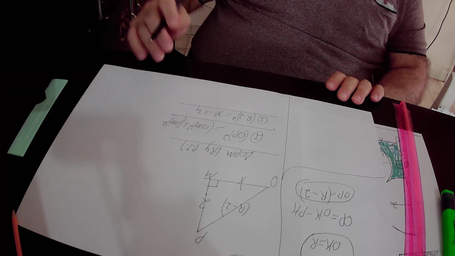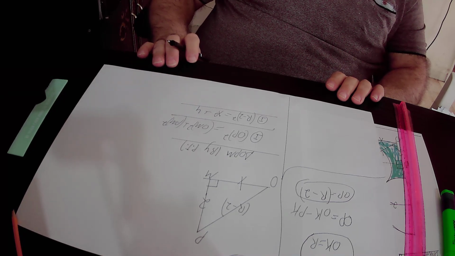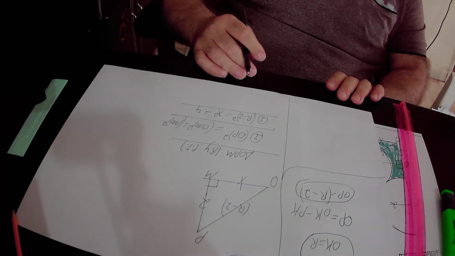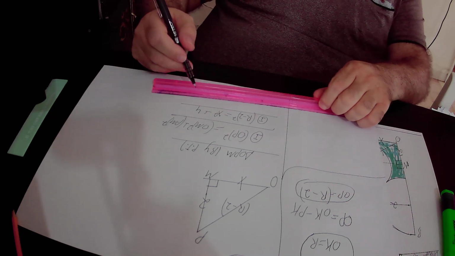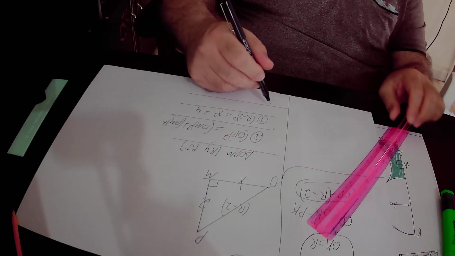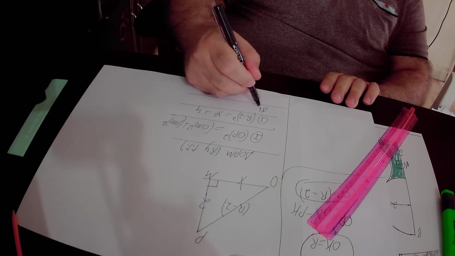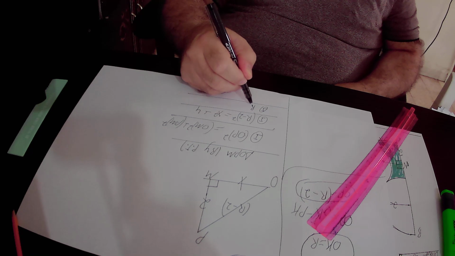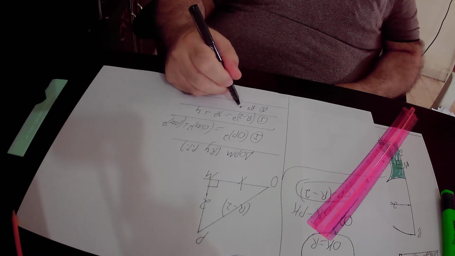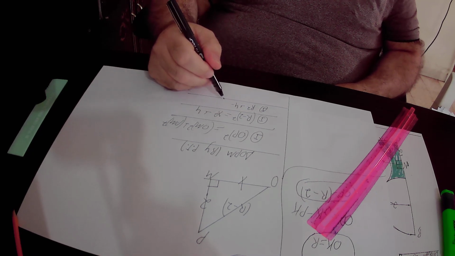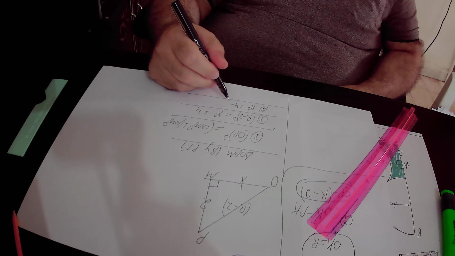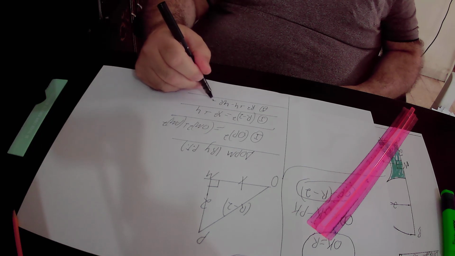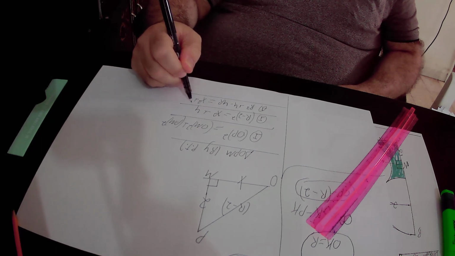So in conclusion, we found out that according to Pythagoras theorem, in equation number 1, R minus 2 squared equals X squared plus 4. So here we'll open the brackets on this side of equation number 1 and we get that R minus 2 squared equals R squared plus 2 squared, that is 4, minus 2 times R times 2, that is minus 4R, and it equals X squared plus 4.